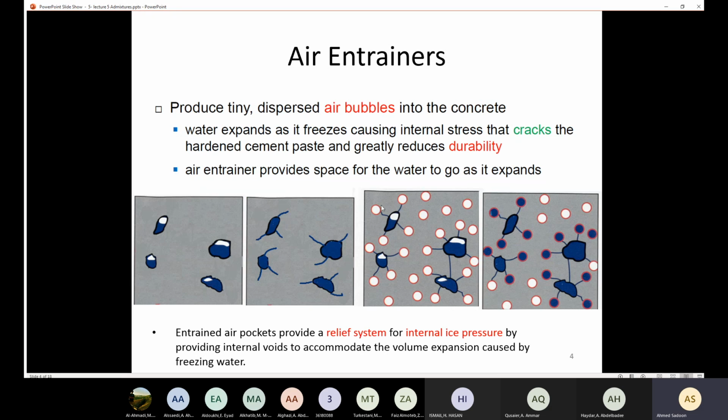But like you can see here, when I'm going to use the air entrainers, the percentage of the voids is going to increase. And if the voids increase, then the strength is going to decrease.